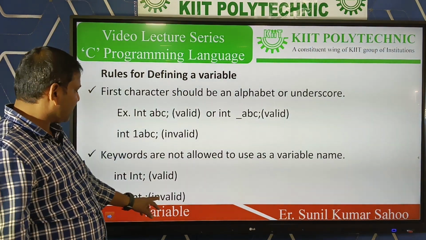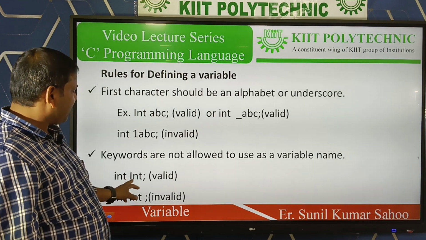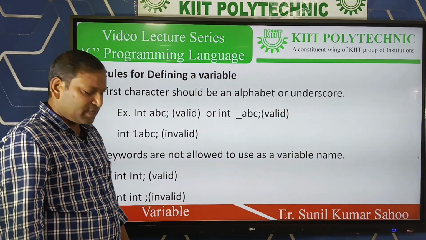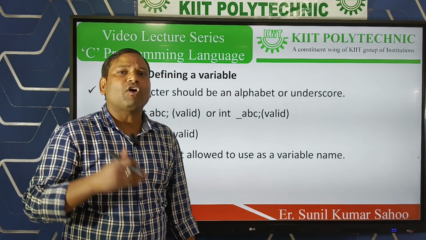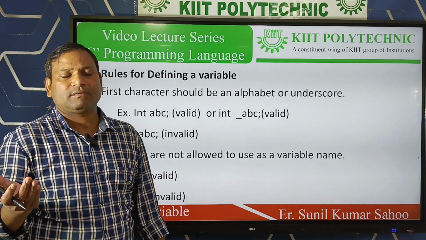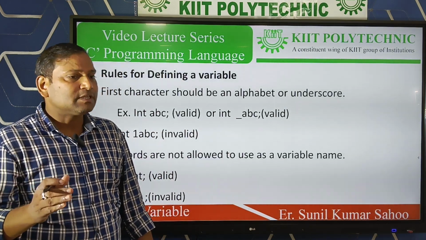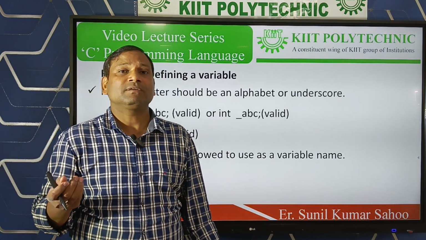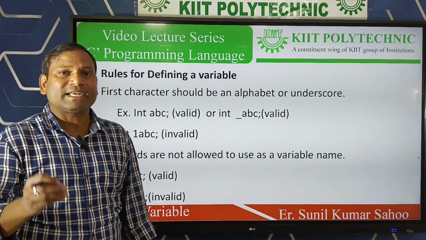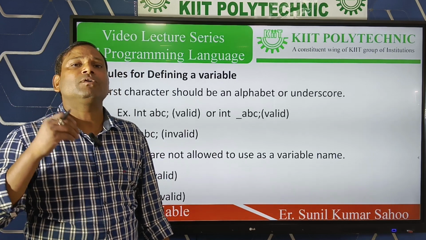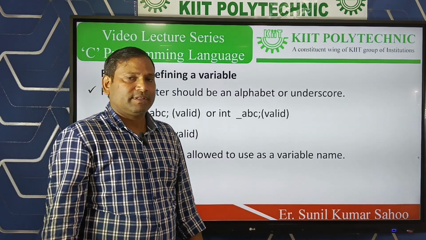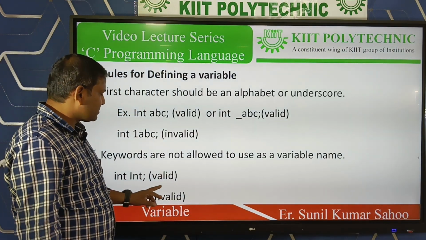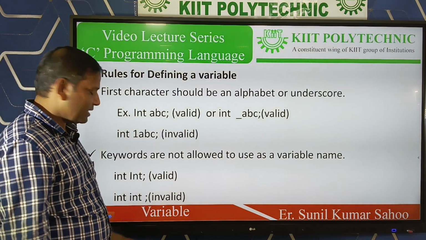So int is invalid, but if you use capital Int, then that is valid. Here capital Int is not equivalent to small int. Why? Because C language is case sensitive. Case sensitive means a lowercase letter is not equivalent to an uppercase letter. That's why the first one is invalid and the second one is valid.